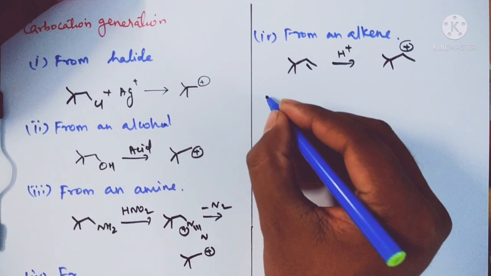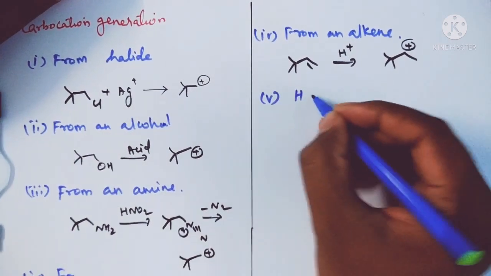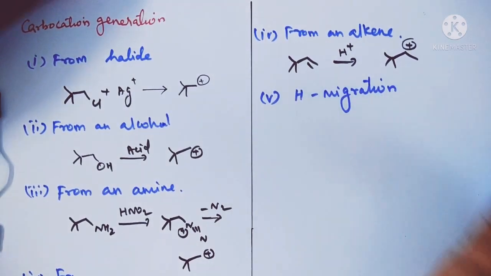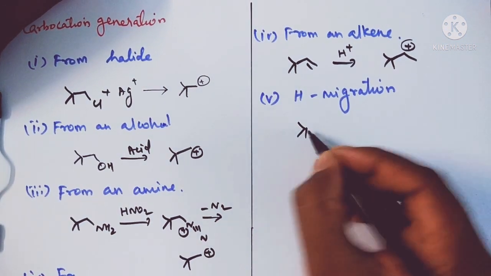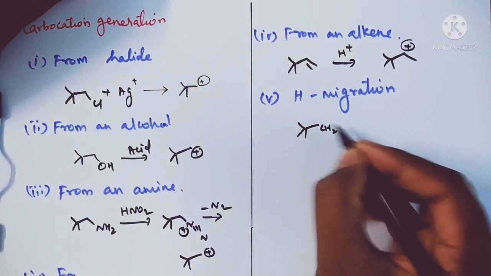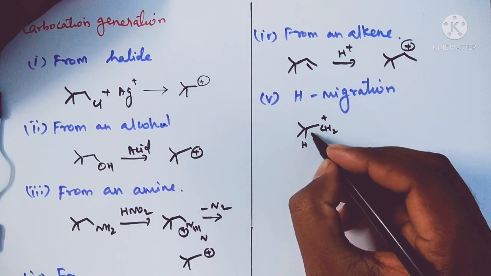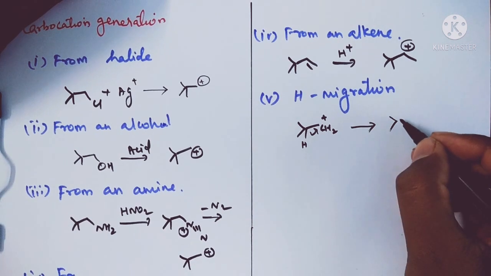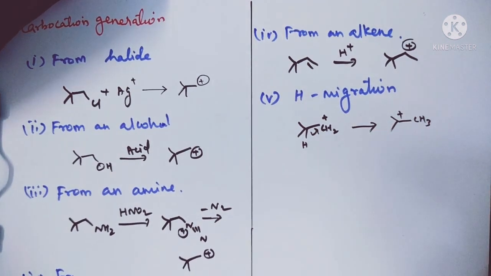The next method is hydrogen migration. If you take this, it leads to hydrogen migration, and you will get a tertiary carbocation.